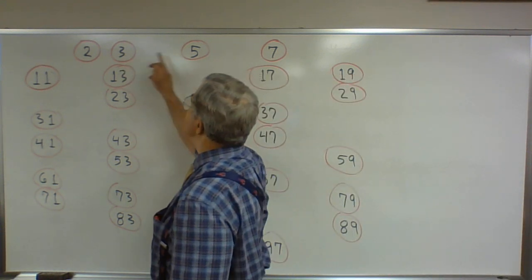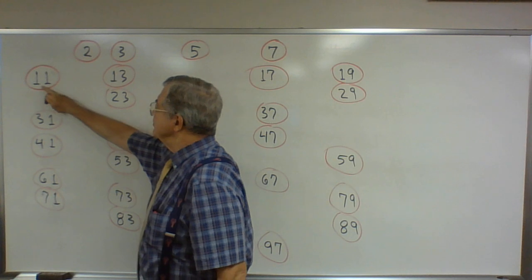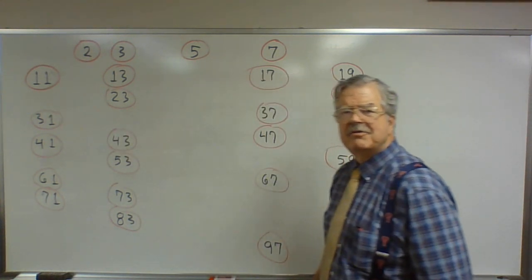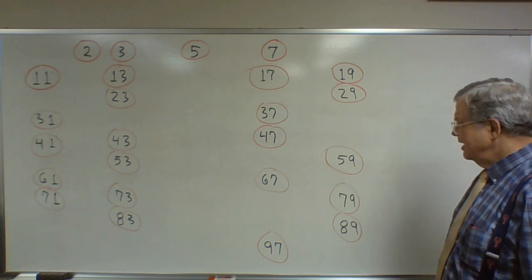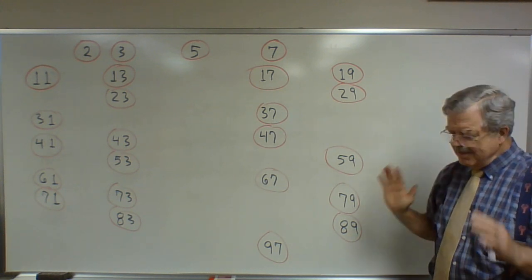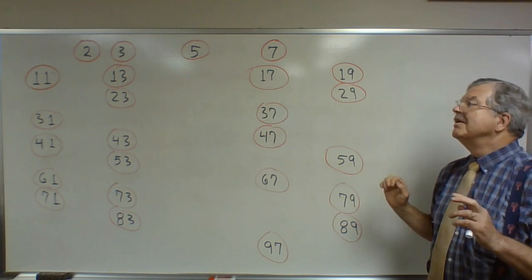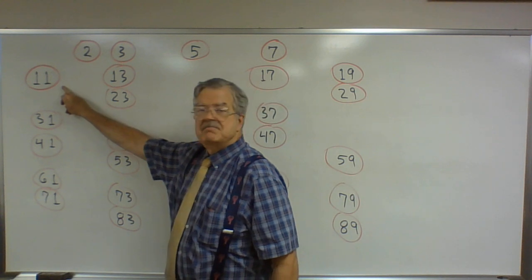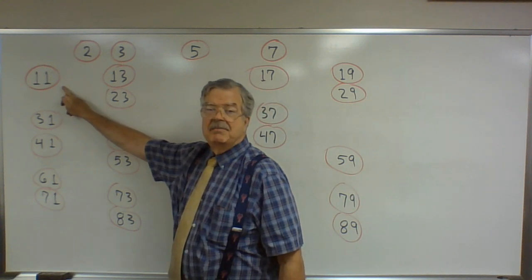And then 3 times 5 is 15 times 11. So that would be what, 165? We'd have to eliminate that. So if this list went to 200, we would have multiples of 11 that we'd have to eliminate.